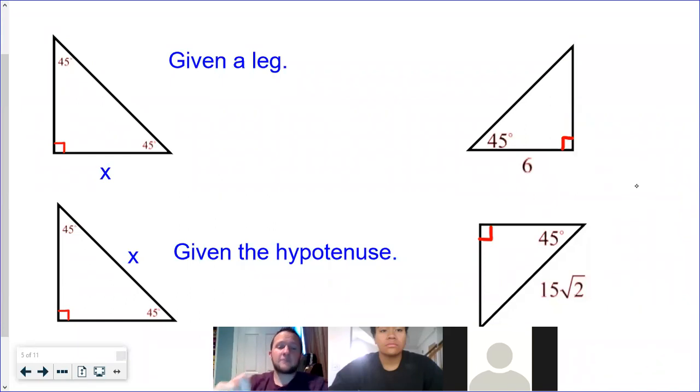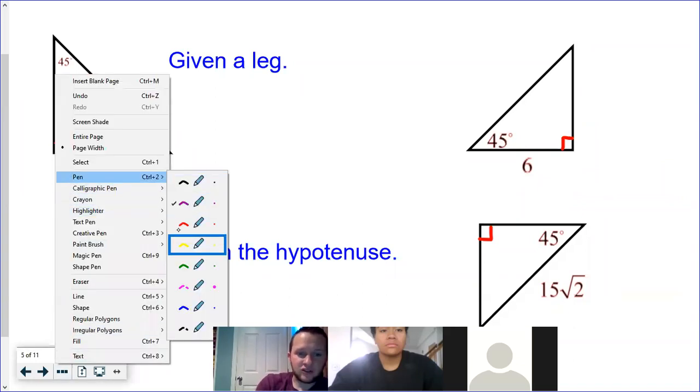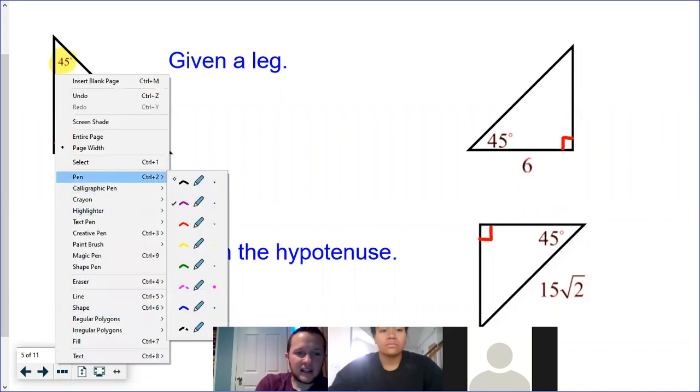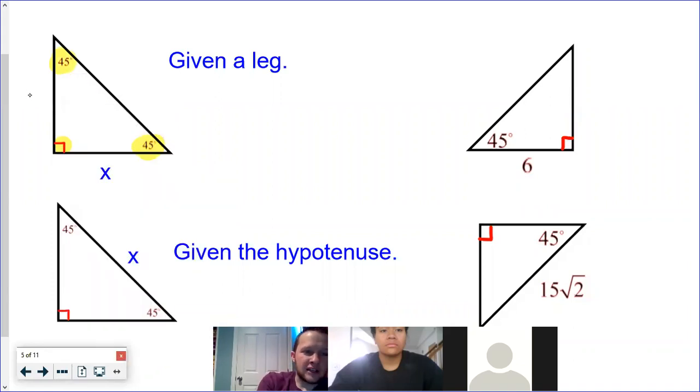So if I have a 45, 45, 90 triangle, the relationship between the sides is that if you are given a leg, the other leg is going to be the same distance. So if this side is x, that side is x. Since these base angles are congruent, then these 2 legs are the same length.